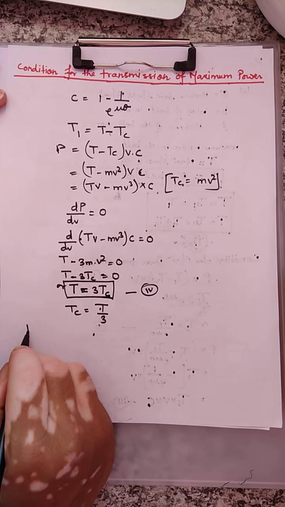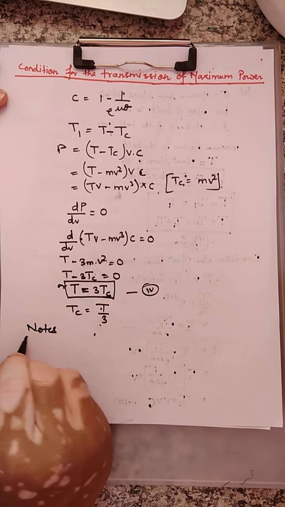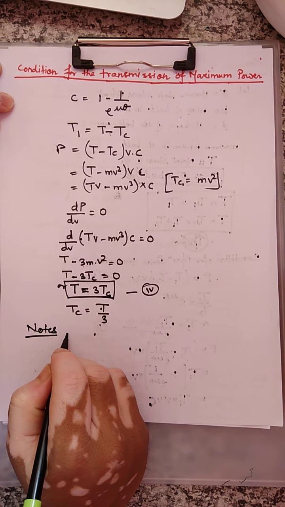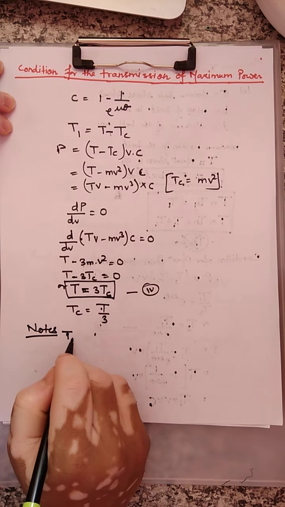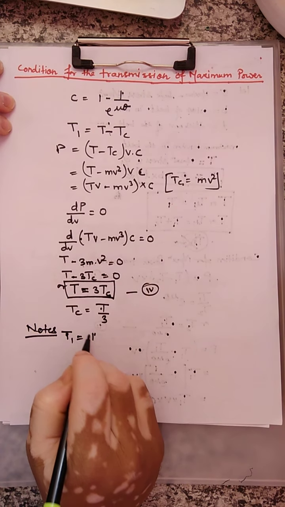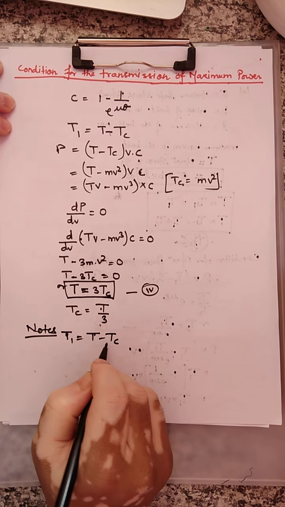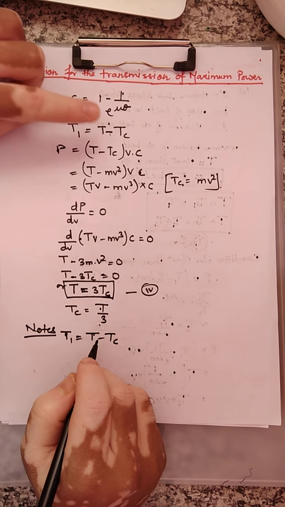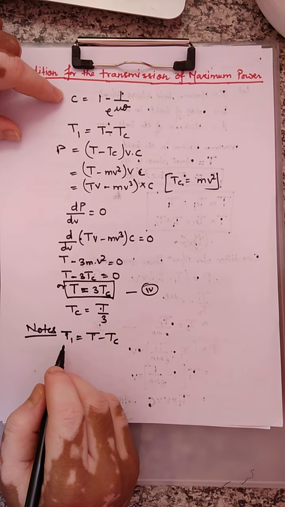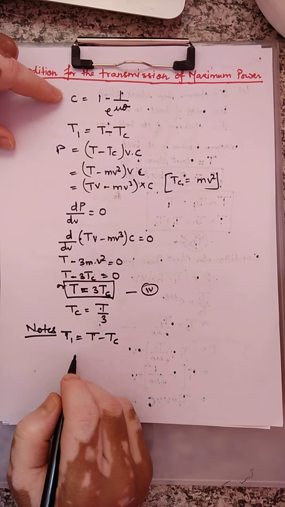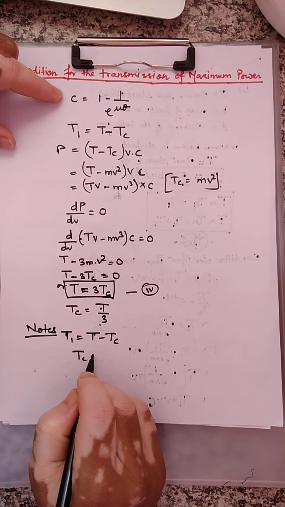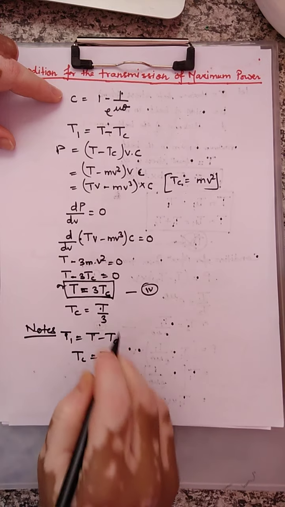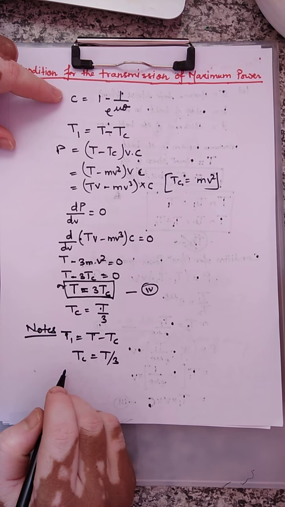So 2 notes are there. Note number 1 says that T1 is equal to T minus Tc, as we already know. And for maximum power, Tc is equal to T by 3 from expression number 4.